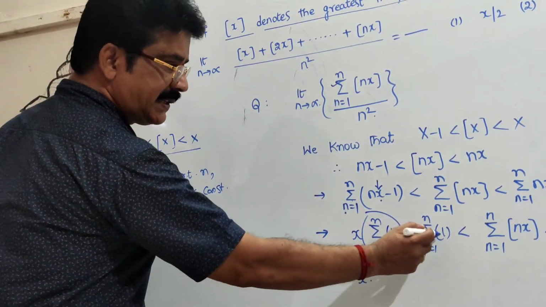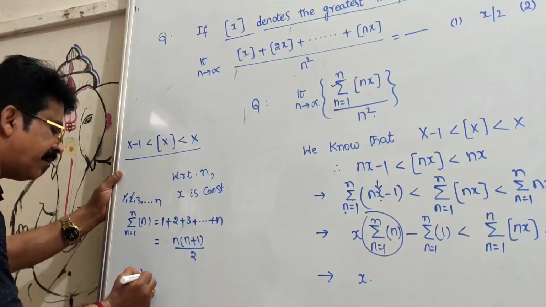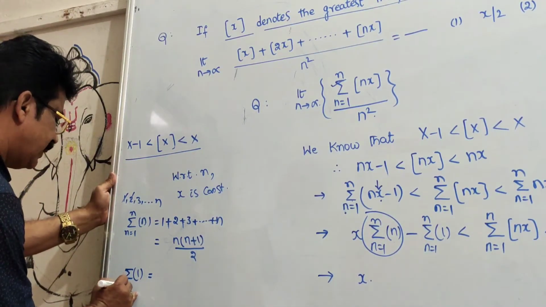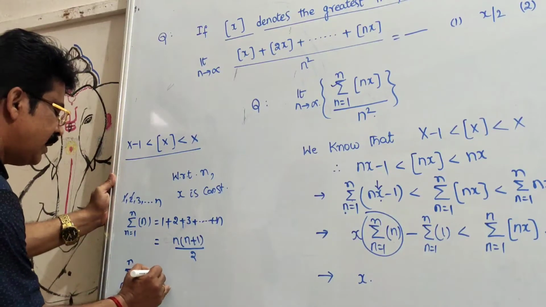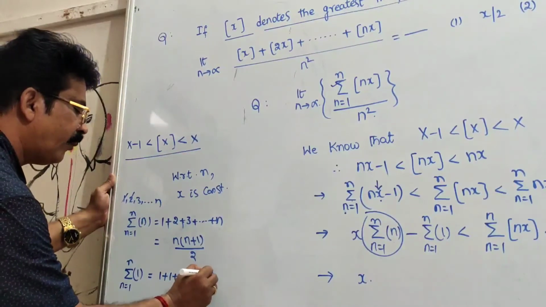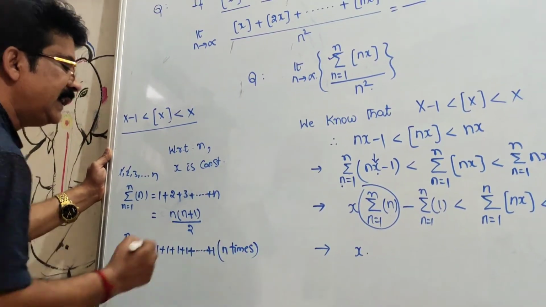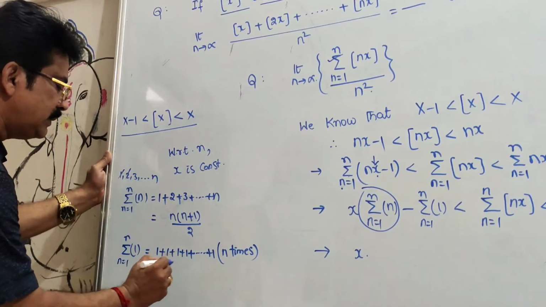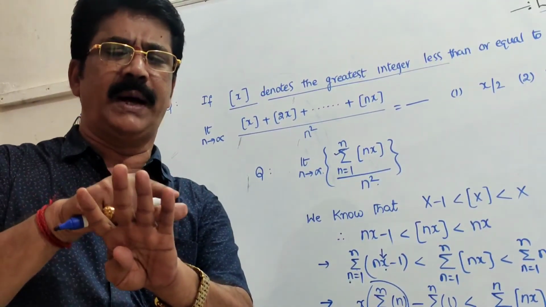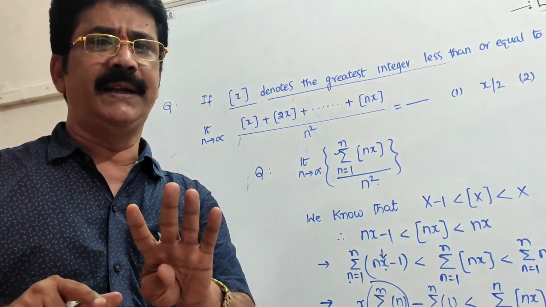Next we discuss sigma 1. Already I said all the meanings of sigma in sequences and series, which is in 11th standard. So n equal to 1 to n: what does it mean? 1 plus 1 plus and so on plus 1, how many times? N times. For example, 1 plus 1 plus 1 plus 1 is 4, because the same number is added 4 times.